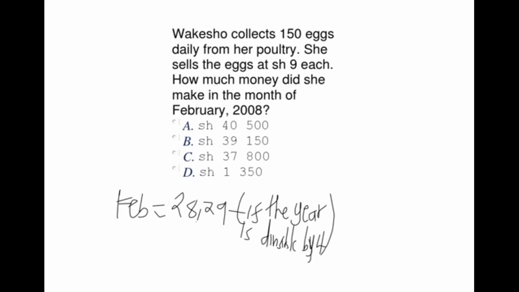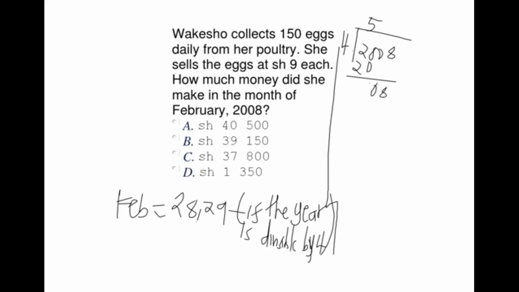So we are going to divide 2008 by 4. So we have 2008 divided by 4, 4 into 20 is 5, this is 0. So for us to be allowed to bring down 08, we are going to put here 0, and then 8 divided by 4 is 2.